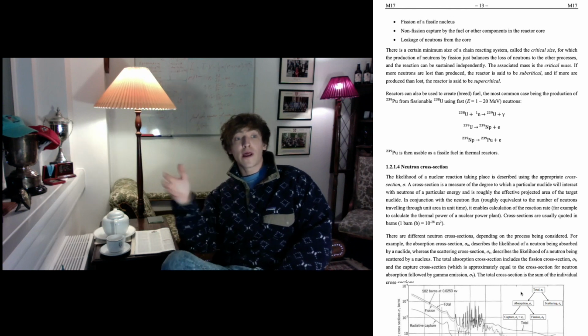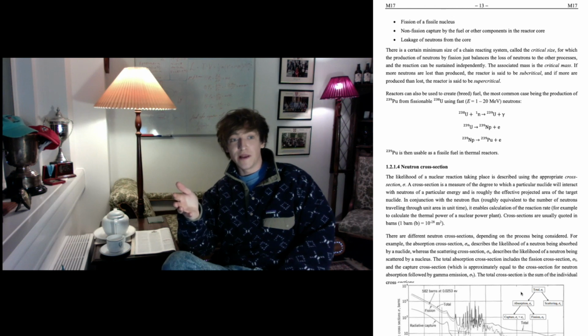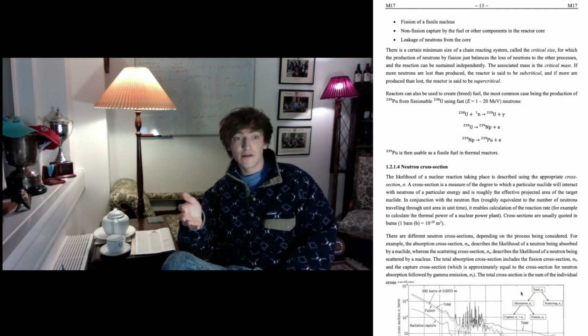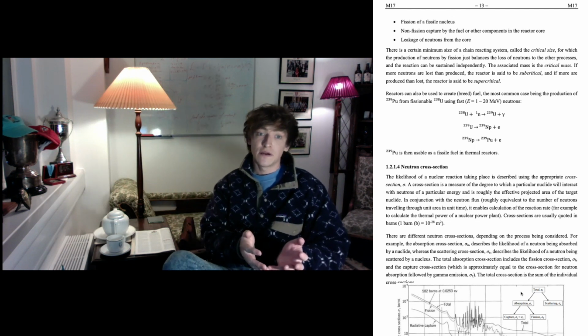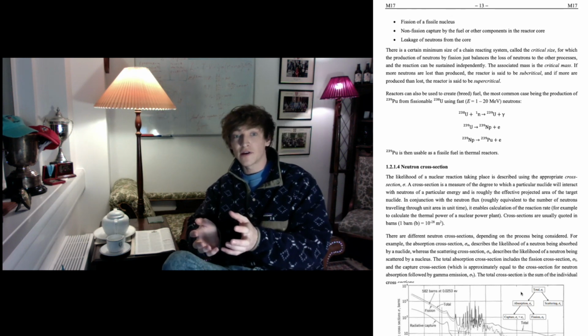So what else can you get? Well, should more neutrons be lost than produced, you're going to have a subcritical system. Should you produce more than you lose, you're going to have a supercritical system. And a supercritical system is not what you want.